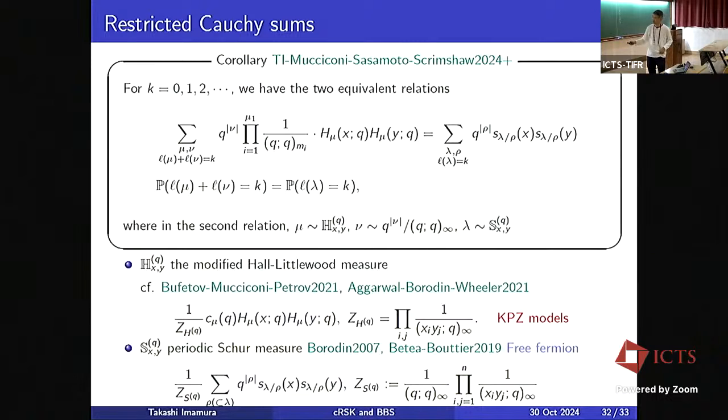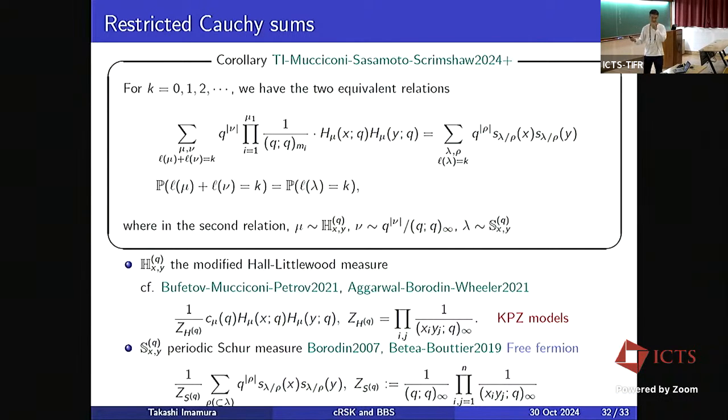At first, the modified Hall-Littlewood polynomial can be obtained by the Hall-Littlewood polynomial with a certain specialization, the geometric progression. So the modified Hall-Littlewood measure can be obtained by the Hall-Littlewood measure with such geometric progressions.